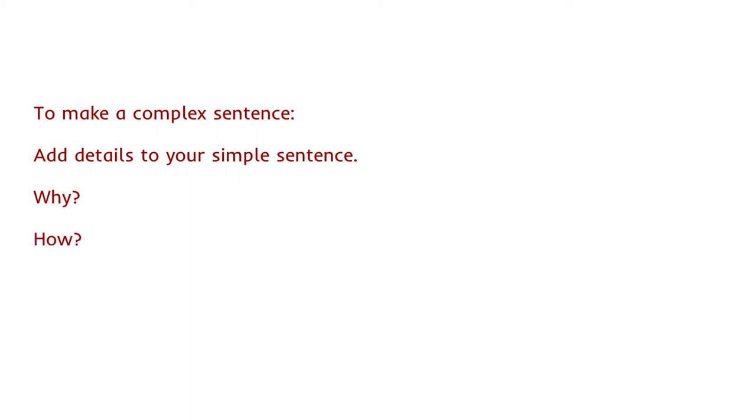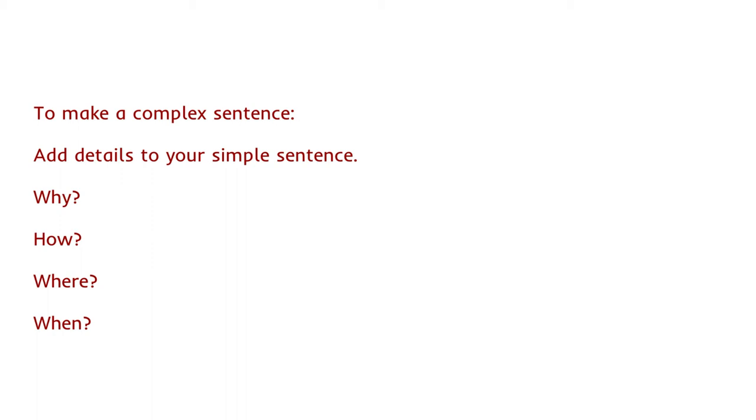Or you can think of how, or answer where, when. When you answer all these questions, you will get a little depth into whatever your idea is, whatever you are talking about. In this way, you will have some details which can be added to your simple sentence.